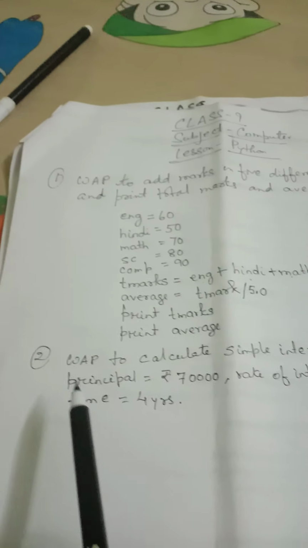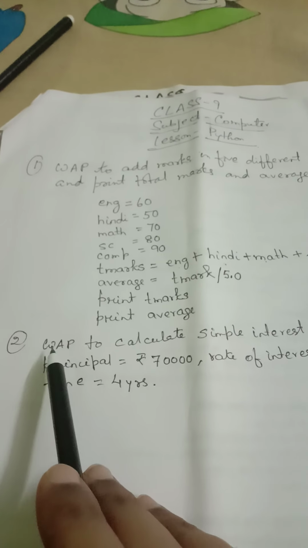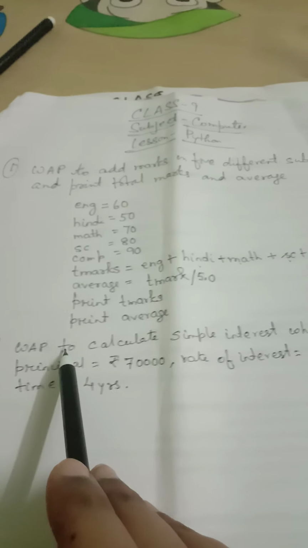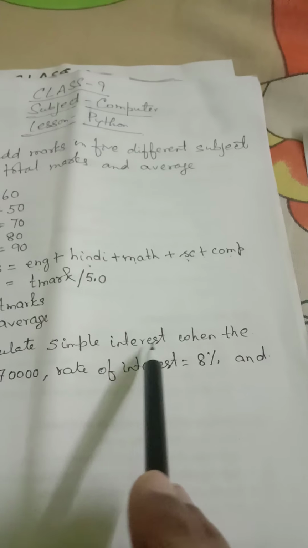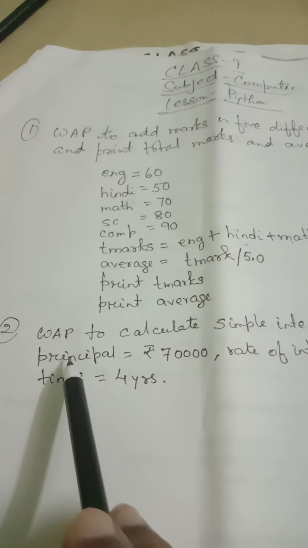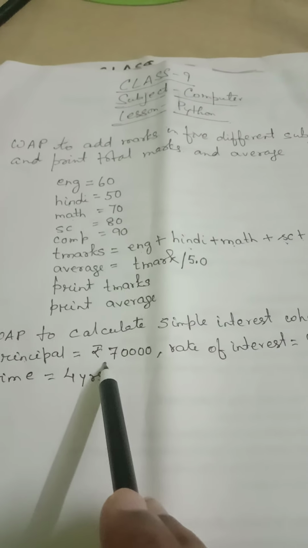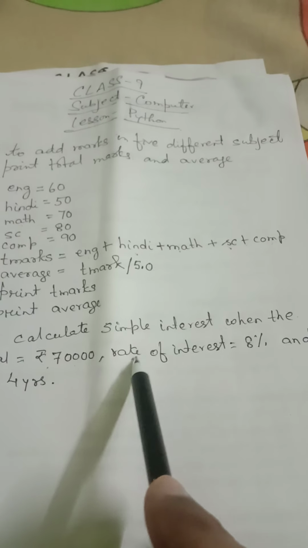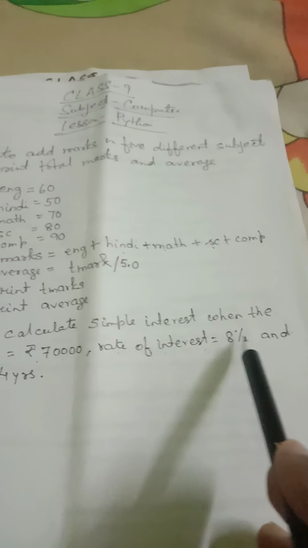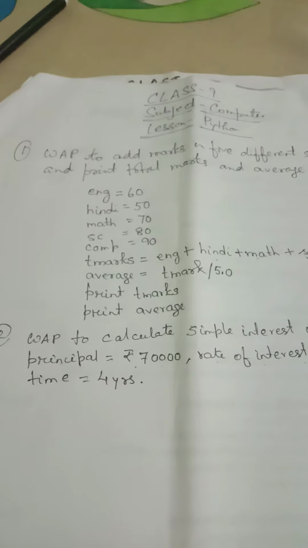This is the short form, WAP, of write a program to calculate the simple interest.